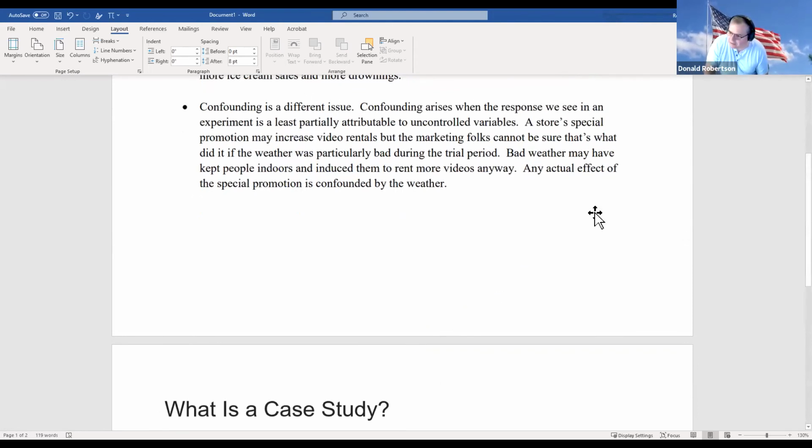We're almost finished. Two guys to finish with, but they're going to be nice and short. Explanatory and response variable. You're going to be given a story occasionally in the homework, and one of them's explanatory and one of them's the response.